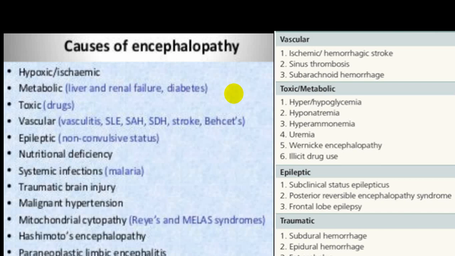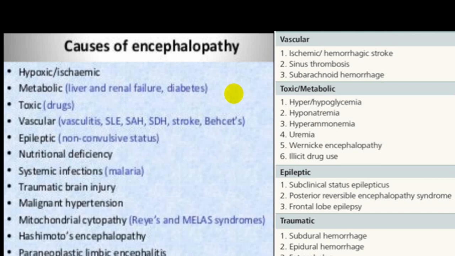Then you can have mitochondrial cytopathy like Reye's syndrome or MELAS syndrome, Hashimoto's encephalopathy, paraneoplastic encephalopathy, etc. This is a big list.